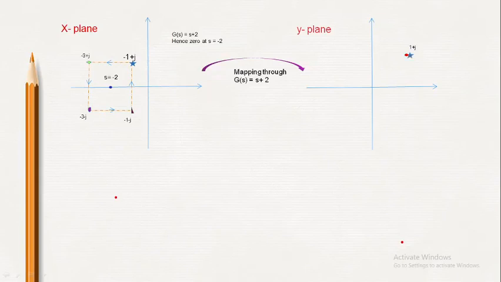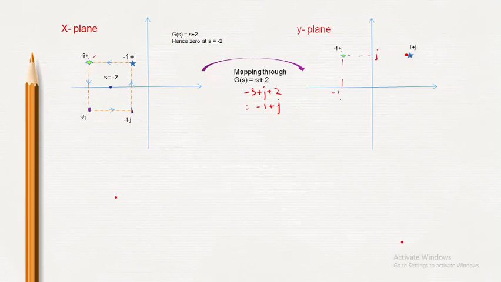Okay. So if I map this -3 plus j to the y plane, then again I have to substitute this -3 plus j in this function. So -3 plus j plus 2 gives me -1 plus j. -1 plus j means it will lie over here, where this is j and this is -1.